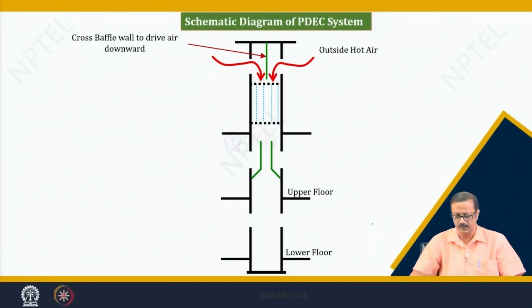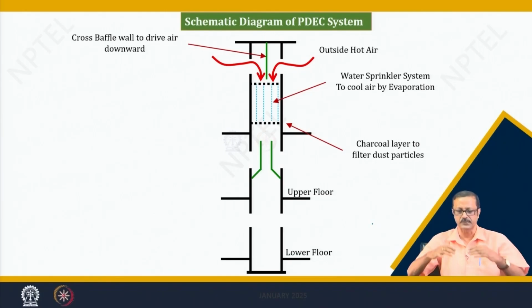The next level, this is the entry level, you see there are some valves and some systems that have to be adapted, where the water sprinkler system has to be there. So, water will sprinkle from top to bottom, or probably from bottom to top and bottom, and whenever the air flows down, it should pass through this wet wall or surfaces.